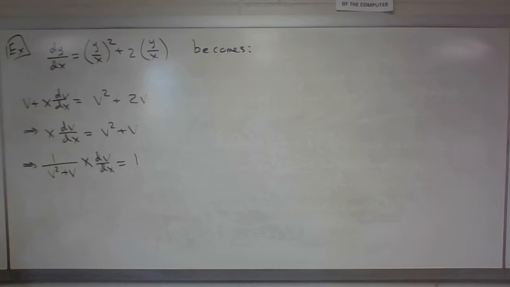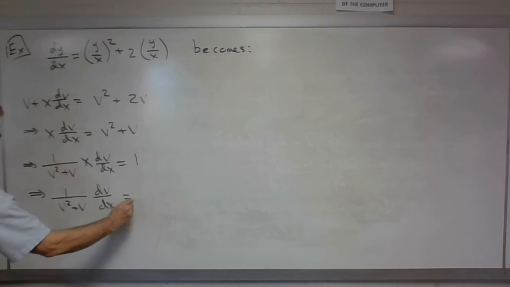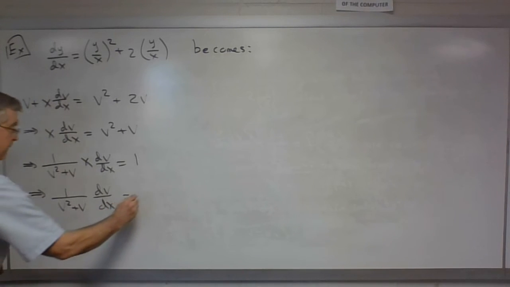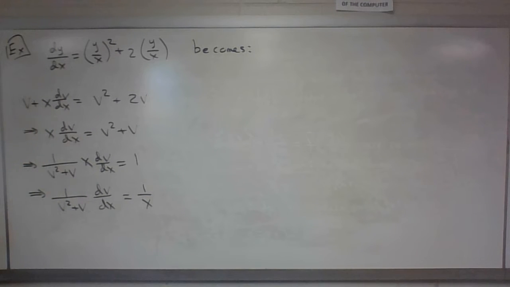Then I'm going to divide both sides by x. And then I'm going to multiply both sides by dx.